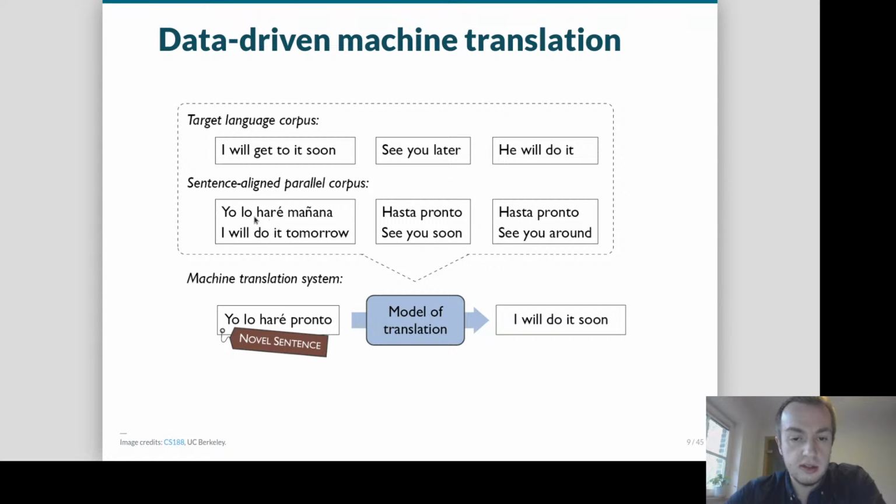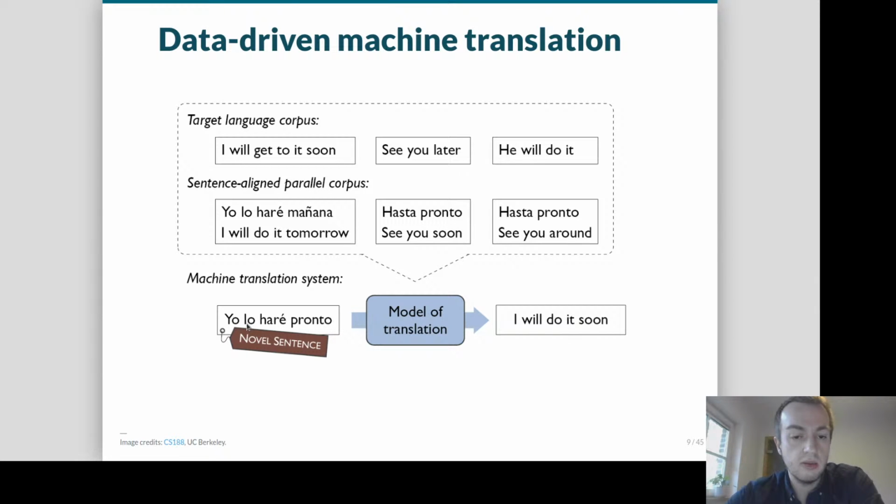And so for us it seems easy: if you know that this is the translation of "I will do it tomorrow", and this is the source for "see you soon", then by reasoning for a bit you can guess that the translation for this one would be such that you take the first part of this sentence in English and combine it with the last part, "pronto", of this other sentence.